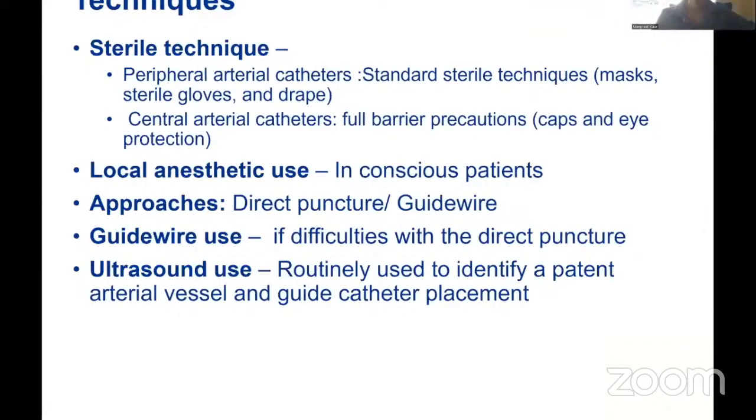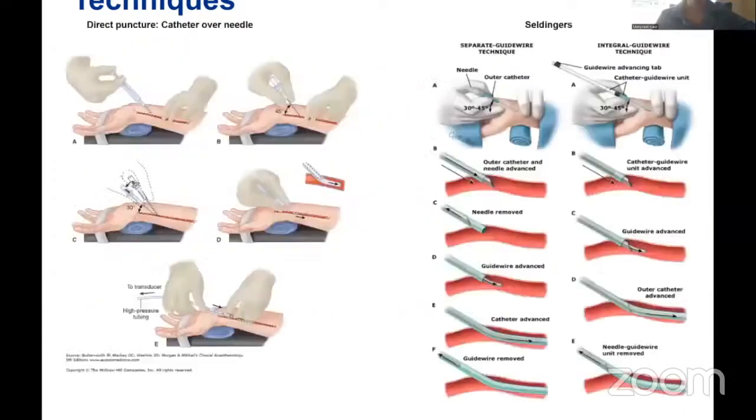In case we are cannulating unconscious patients, like prior to pheochromocytoma induction, local anesthesia is used. There are two approaches: direct puncture of the vessel and the use of the guide wire. The guide wire is especially used if there are difficulties with direct puncture, and ultrasound use is coming up in a large way.